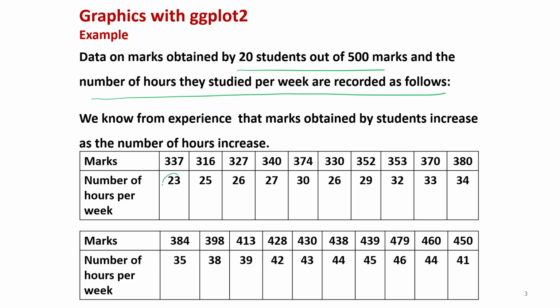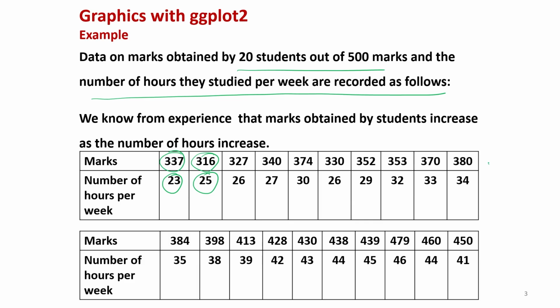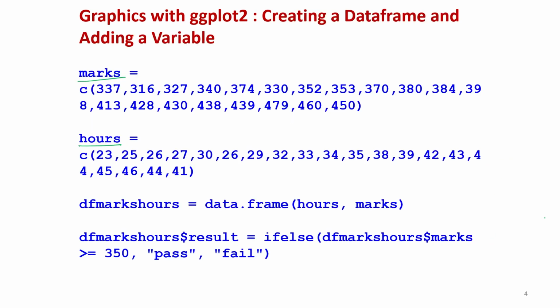If a student is studying 23 hours in a week, then the student is getting 337 marks. If the student is studying 25 hours in a week, then the student is getting 316 marks, and so on. So this is the data. What I try to do is create here two data vectors, marks and hours, in which I store this data set.